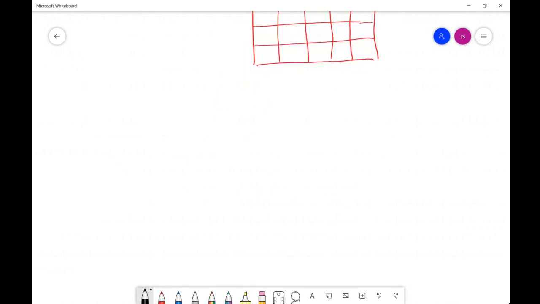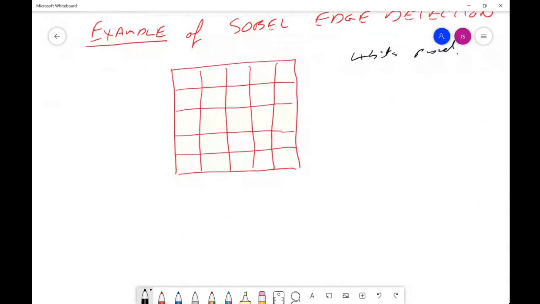And the intensities I want are 0, 0, 0, 0, 15. 0, 0, 0, 15, 15. 0, 0, 15, 15, 15. 0, 15, 15, 15, 15, and all 15s at the bottom.